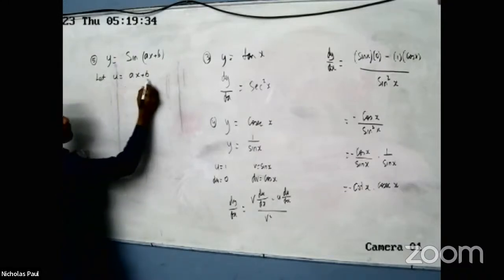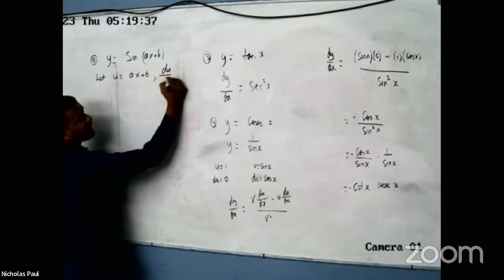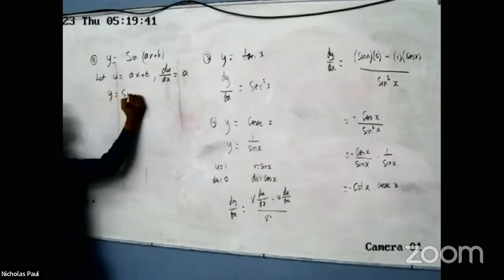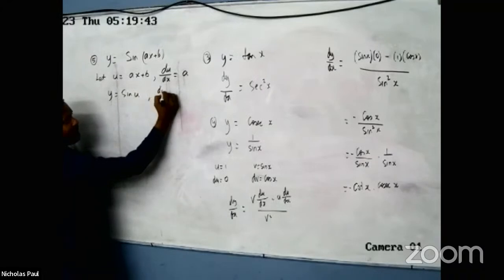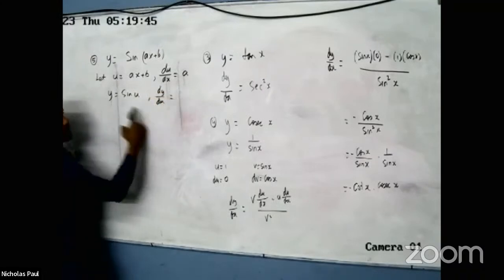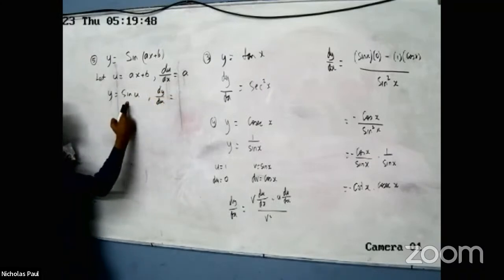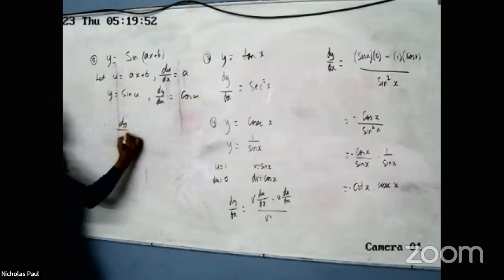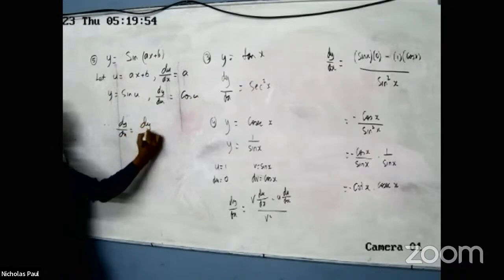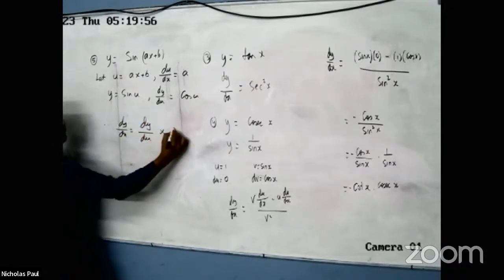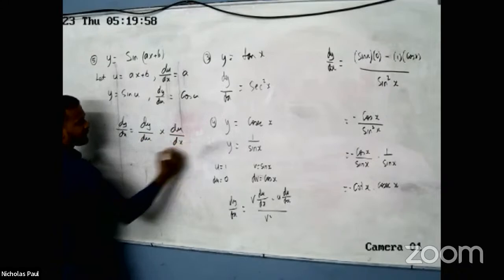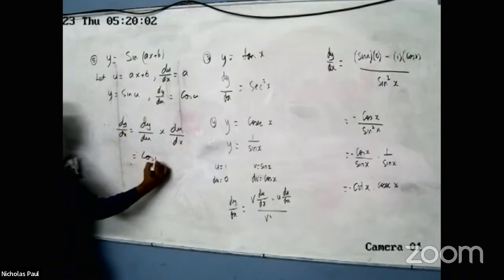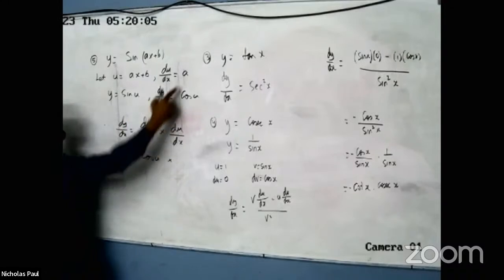So u is equal to ax plus b, so du dx is equal to a. y is equal to sine u. So what's the differential of y with respect to u? It's cos u. dy dx will be equal to dy du multiplied by du dx. dy du is cos u, and du dx is a.